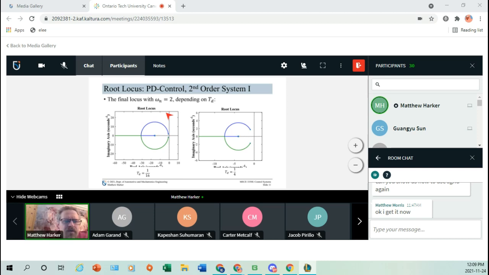And what we've done now is add derivative control with a relatively small TD, 1 over 16, which places the zero at minus 16, which you see here on the scale.